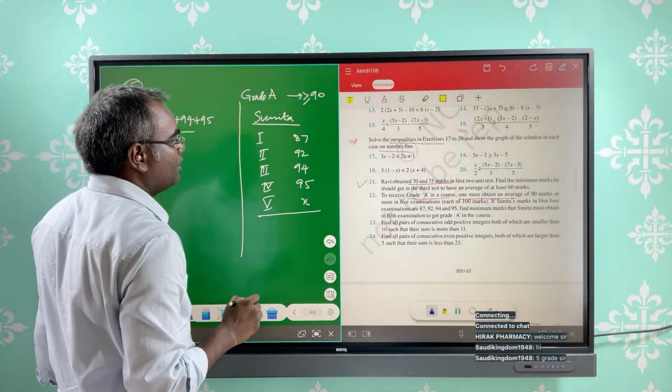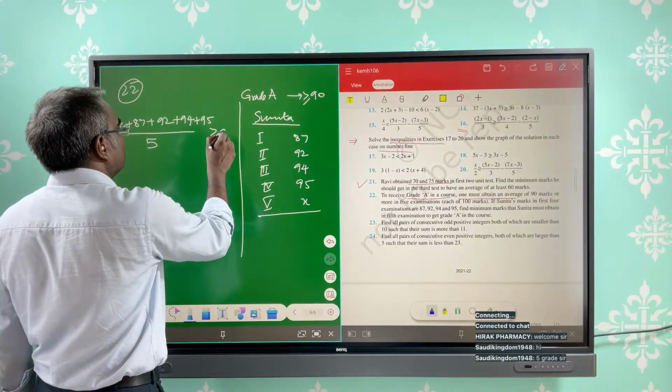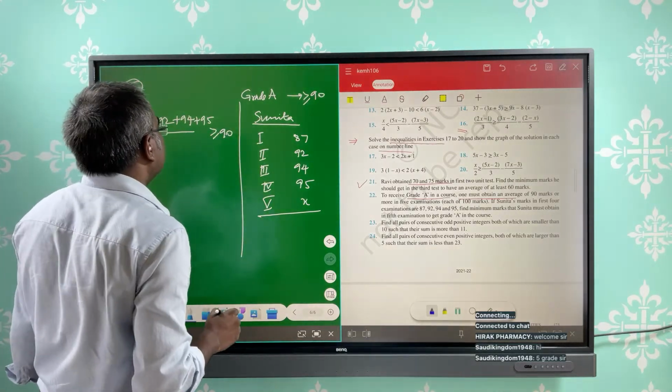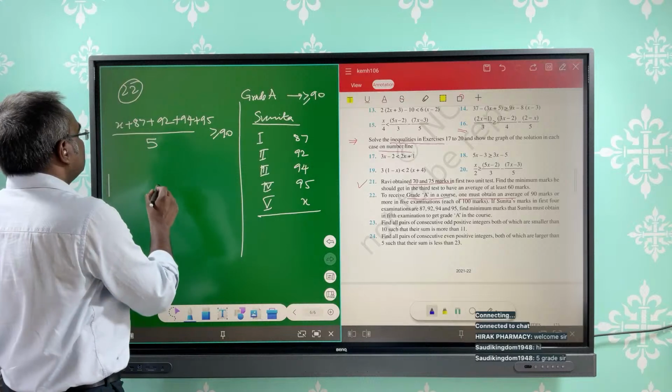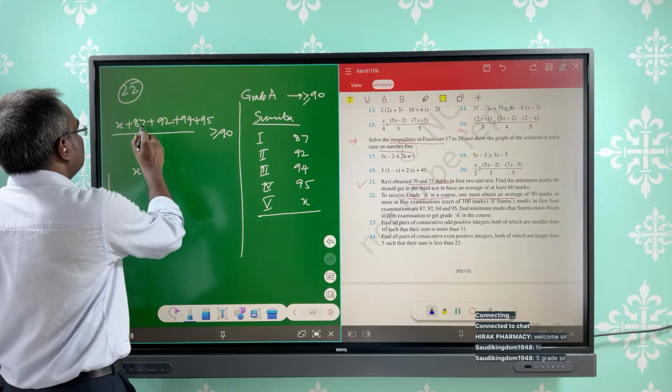And the average marks should be at least 90. So this is the inequality. So we'll solve this.